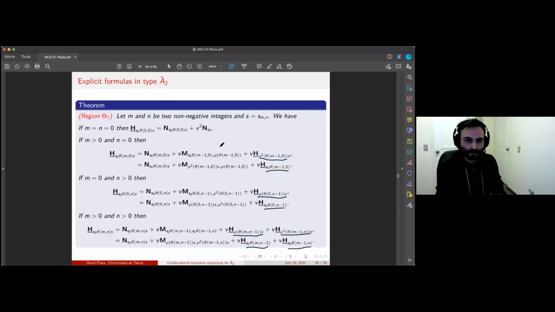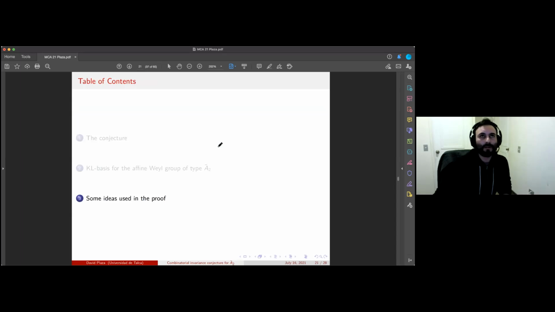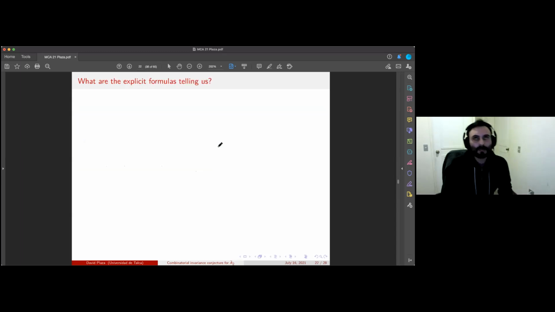Okay, so we have non-recursive formulas for Kazhdan-Lusztig basis elements, and using them we can compute Kazhdan-Lusztig polynomials in a non-recursive way. So let me now show some ideas we use in order to prove the combinatorial invariance conjecture. In the first step, we need to understand what these formulas are telling us.